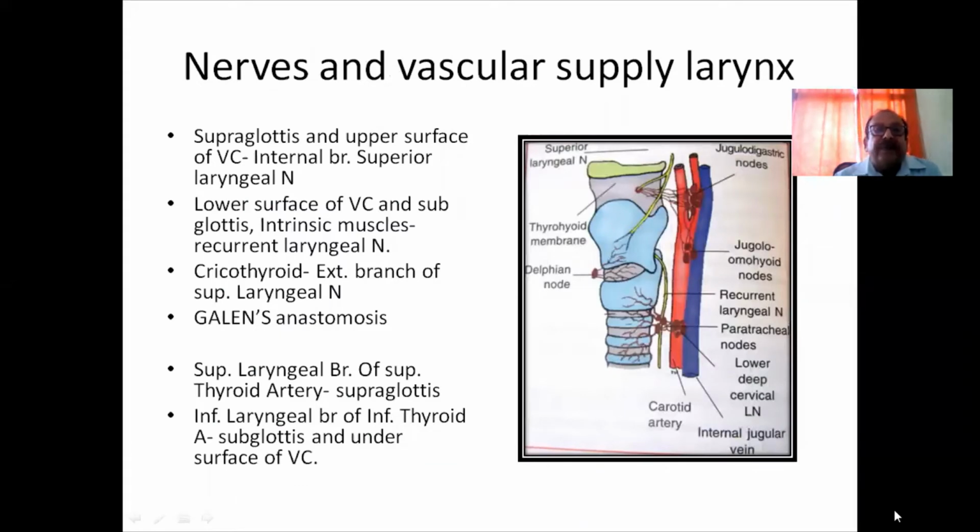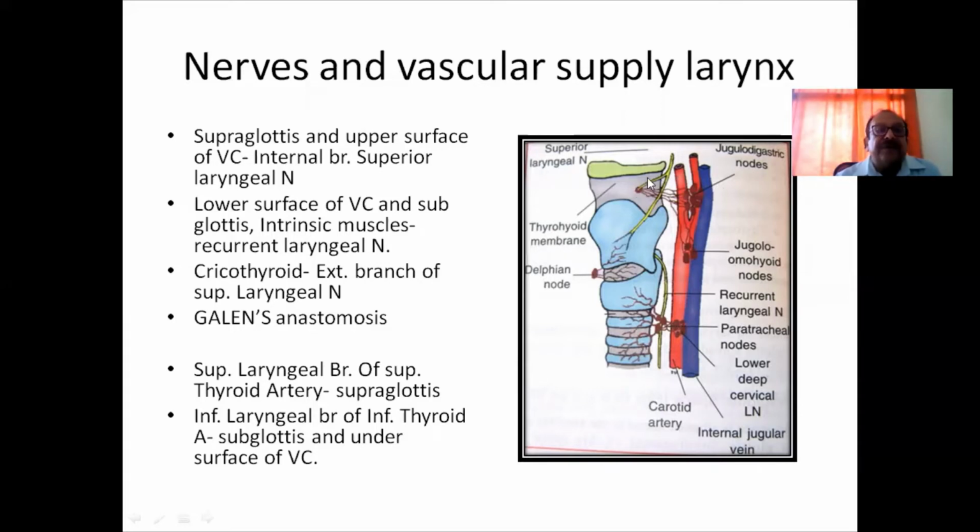Coming to the nerve supply, the supraglottis area and upper surface of vocal cord is supplied by internal branch of superior laryngeal nerve. This is the internal branch of superior laryngeal nerve.